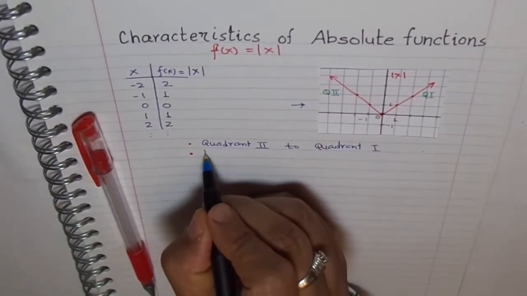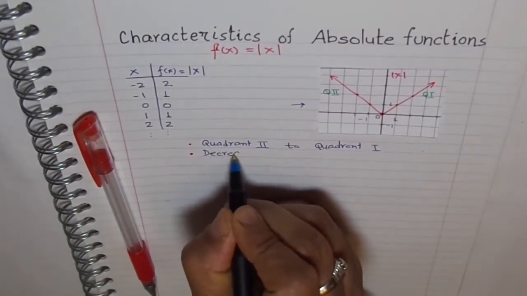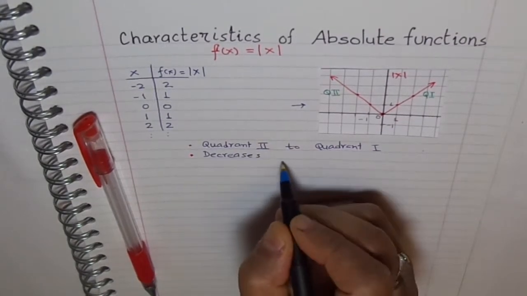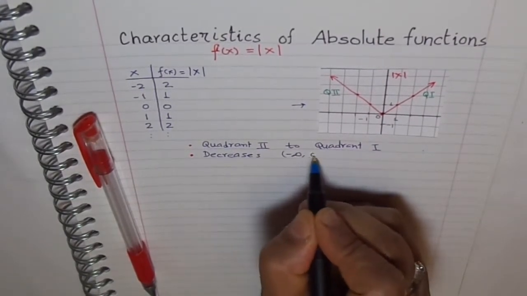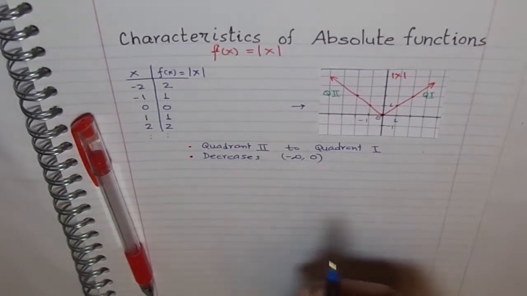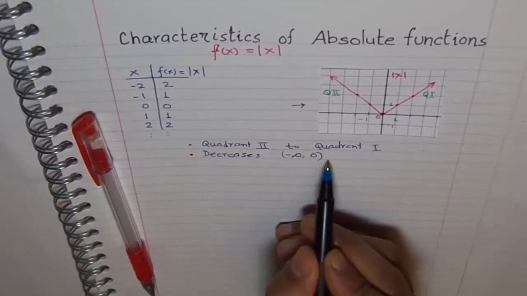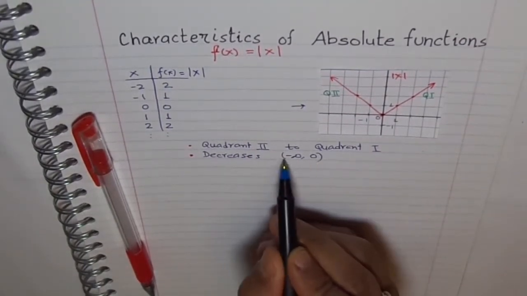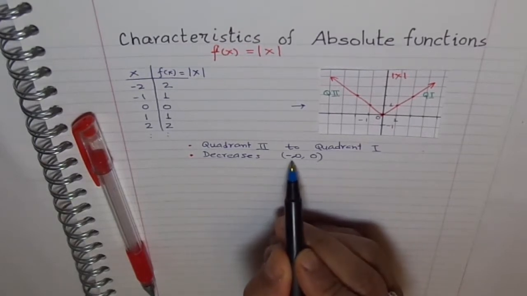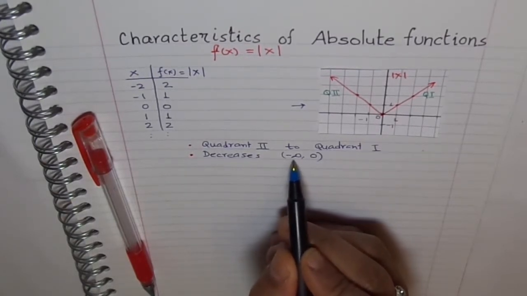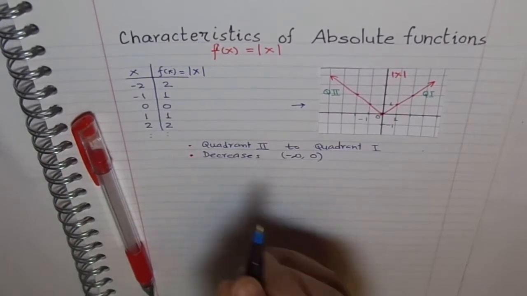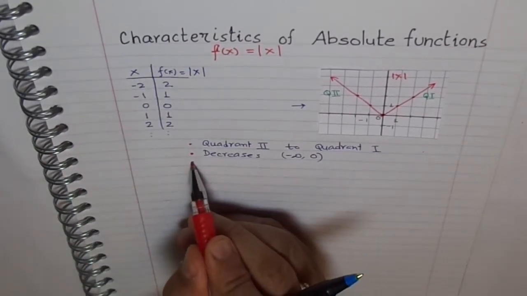So we say that the function decreases in the interval of -infinity to 0. This is a way of writing the interval from -infinity to 0, where both these numbers are not included. And as you know, infinity can never be included, right? Now, second, when does it decrease?